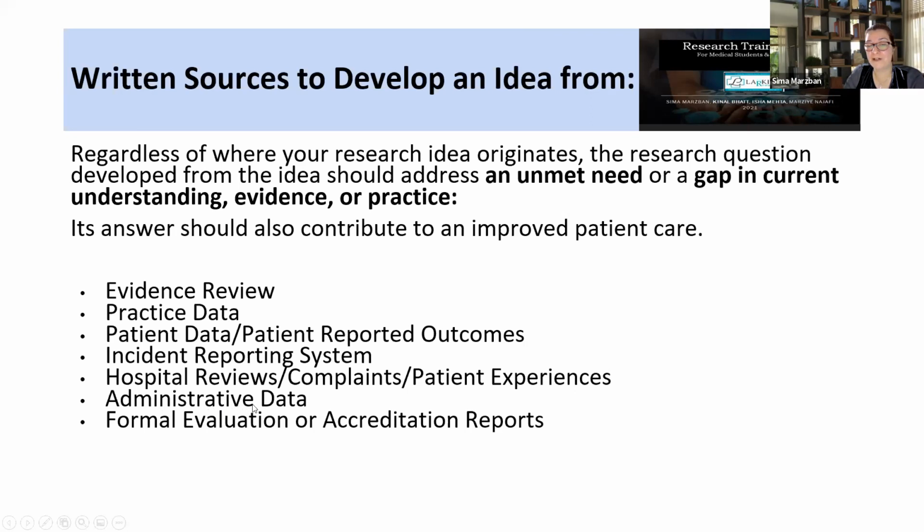Those are administrative data. You can find something in this type of data that is written in annual reports, department reports, formal evaluation or accreditation reports. There are many formal reports that supervise and evaluate your departments.